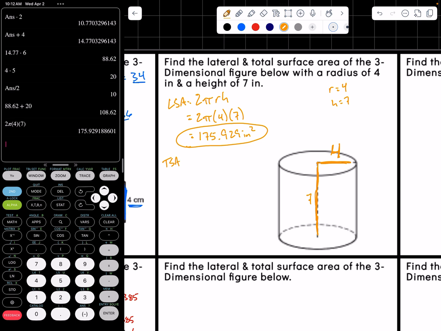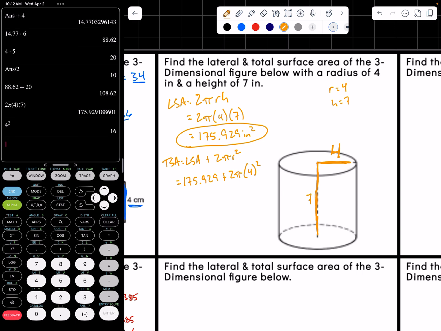My total surface area is going to be my lateral surface area plus 2 times the area of my base. The area of my base, we're going to use pi r squared. We're just going to use that formula. So 175.929 plus 2 pi, and then my radius is 4 squared. 4 squared equals 16 times 2 is going to be 32 times pi.